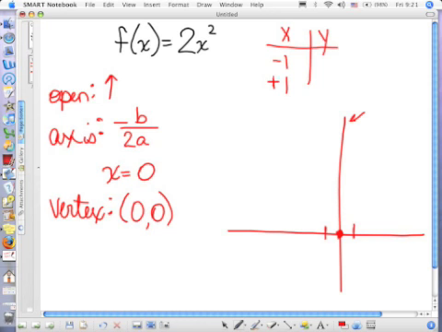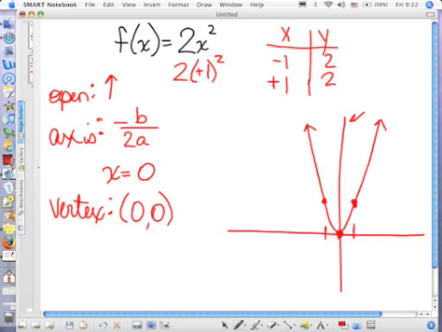Choose 2 x's, and let's figure out what y would equal. If x is -1, what's y? 2. If x is +1, what's y? 2. It should be 2. Now you can figure out 2 more points if you want to, but for me, that's good. Here's your parabola. Okay?